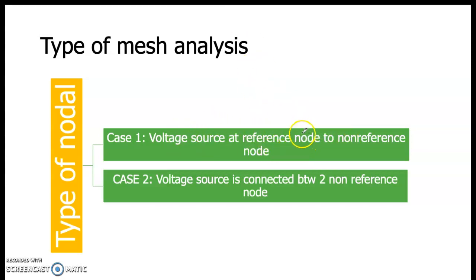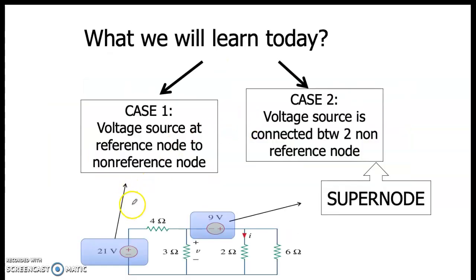Okay, case 1 is the voltage source between the reference node and the non-reference node. So this means that the most left here, the reference is the below one, right? So it is connected between the non-reference and the reference. So we call this one case 1.